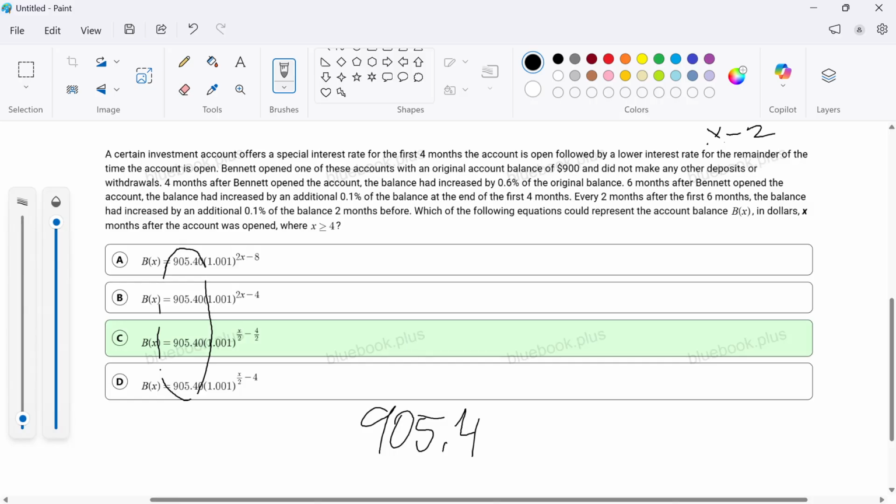And then I need to multiply that by 1 plus the percent increase. Well, the second part of the question says 6 months after Bennett opened the account, the balance increased by additional 0.1%. So $905.40 is after 4 months, 6 months after the initial deposit, after you open the account, which is 2 months later.